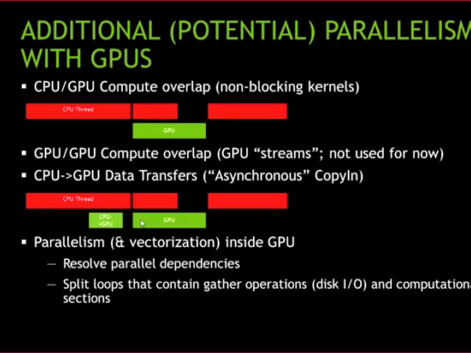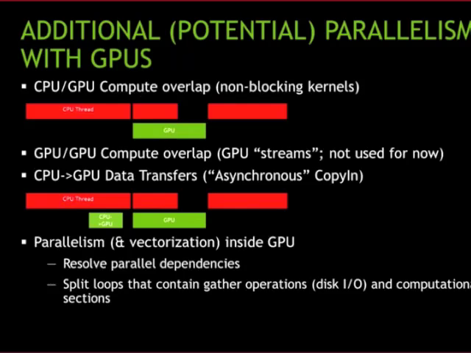Now, then comes the last and probably most important part of the GPU acceleration, and it is the power that is embedded in the GPUs, the power that we try to extract via its parallelism and vectorization capabilities. Now, this is not as straightforward as one thinks, because while the parallel dependencies that exist among threads for the CPUs have been resolved, that says nothing about data dependencies within a thread.